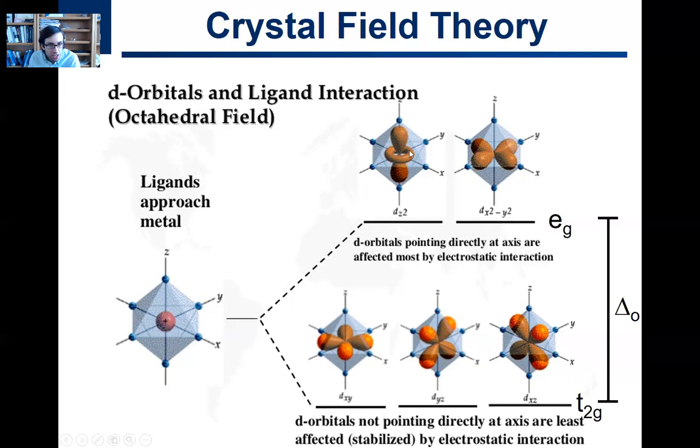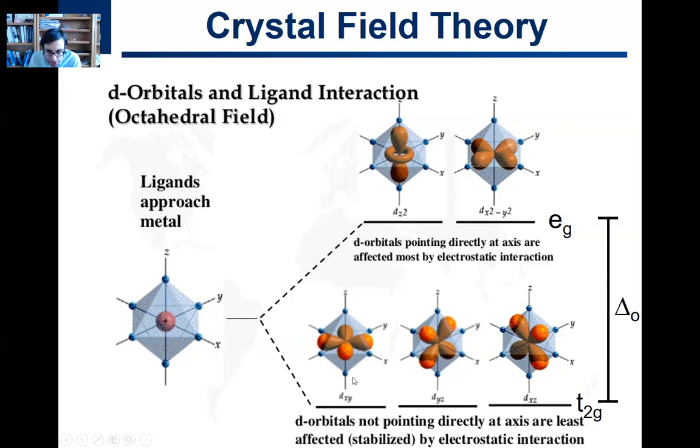Well, there's also the donut here, and the amount of interaction of each lobe in each case is different. We'll be able to quantify this later in this chapter. For now, qualitatively, the Eg lobes point directly at the ligands, and that causes the Eg to be high in energy.